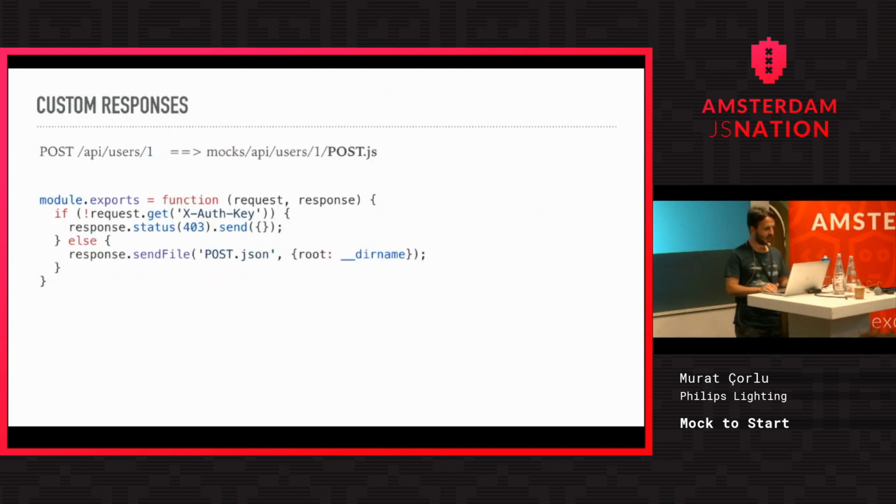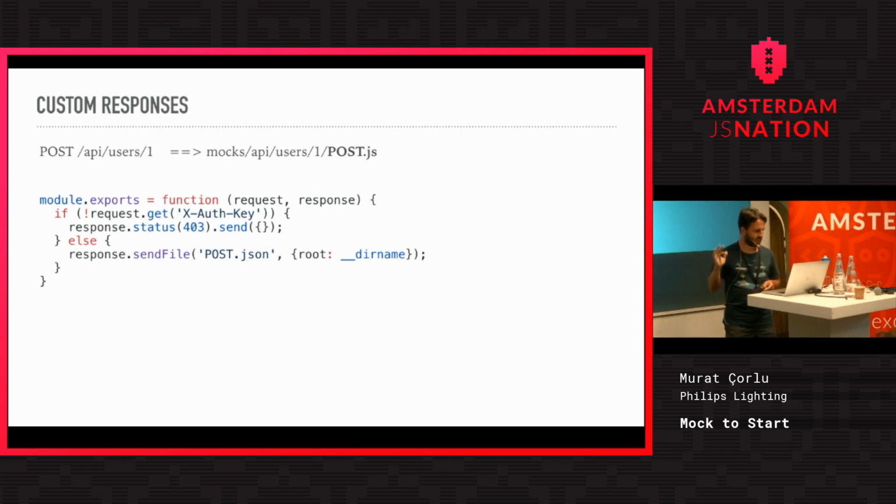Static responses are very easy to use, but of course, not easy for every case. Because of that, Connect API Mocker has custom response support. If you place a JavaScript file instead of a JSON file in the same directory, that exports a Connect middleware, then Connect API Mocker will run that middleware for you.